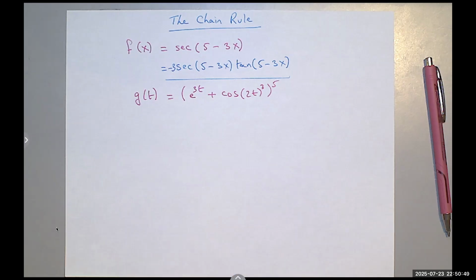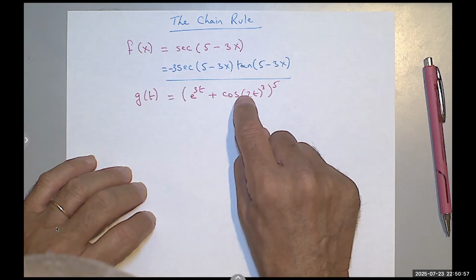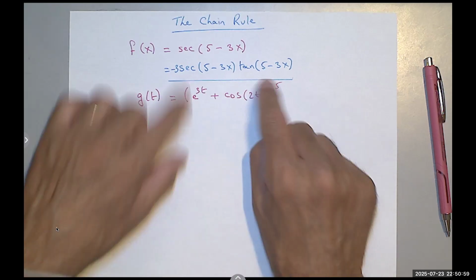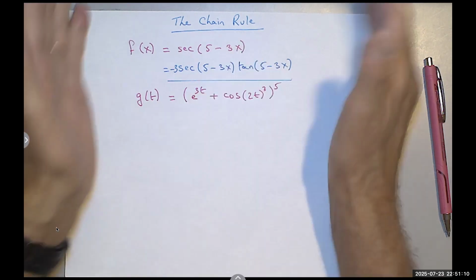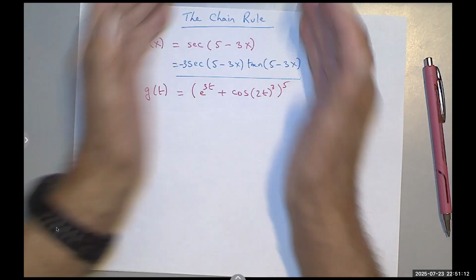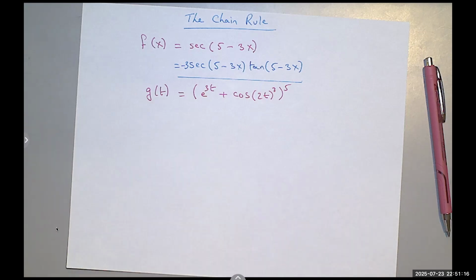What is the first thing you encounter from the outside? Meaning, I have some function plus another function, and the sum of them is raised to the power of 5. So really the exponent 5 is the first thing you see, because you are coming from outside to the inside. Here from outside we encountered the secant, we went inside, we saw this function, and we multiply them together.